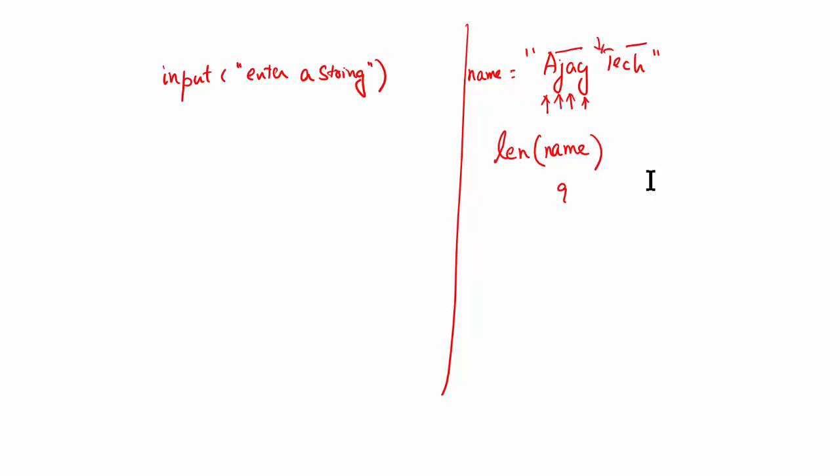Now, how the function len does it is something that we don't have to worry about. It's not of a concern to us. That's the beauty of a function. A function does a job for you, and you don't have to worry about how it's doing it for you.